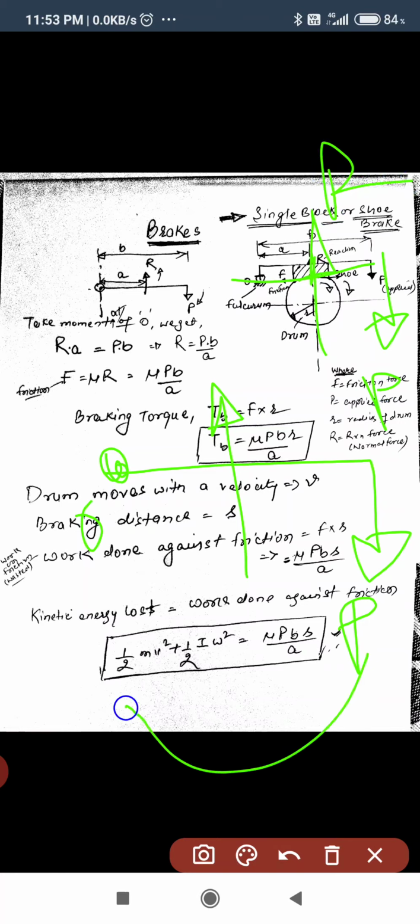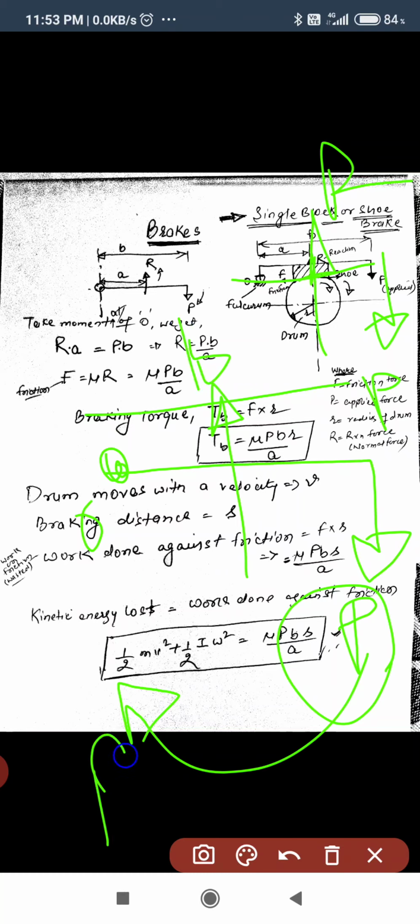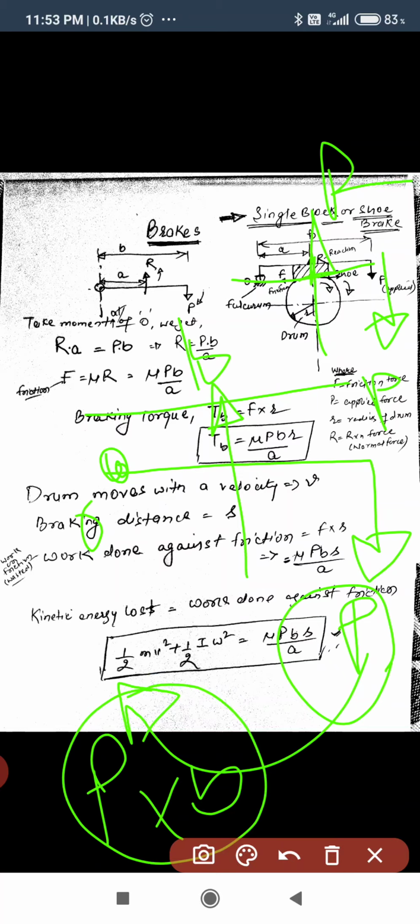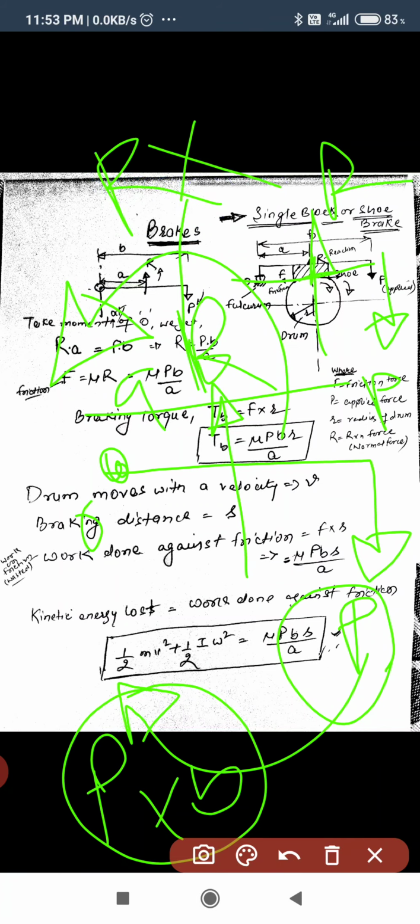This is the moment created by the effort force P at distance B, so it will be P into B. This is the moment by the effort. Next, R is the reaction force and the distance is A, but it is anti-clockwise, opposite to the effort force, so the value is R into A. The distance is A from point O.